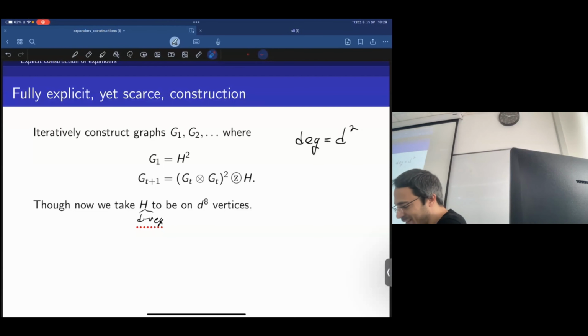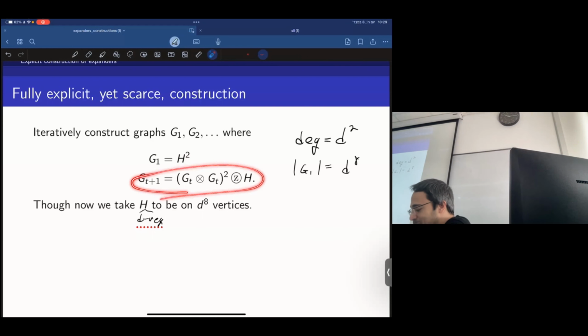So the degree is D squared. The graph sizes. So G1. What's the size of G1? It's the size of H. So I know that it's D to the 8. G1 has size which is the size of this thing, but square doesn't increase the size, so just H. And the size of G_{t+1}, well, let's see. The size of G_t, we now square it, unlike before.